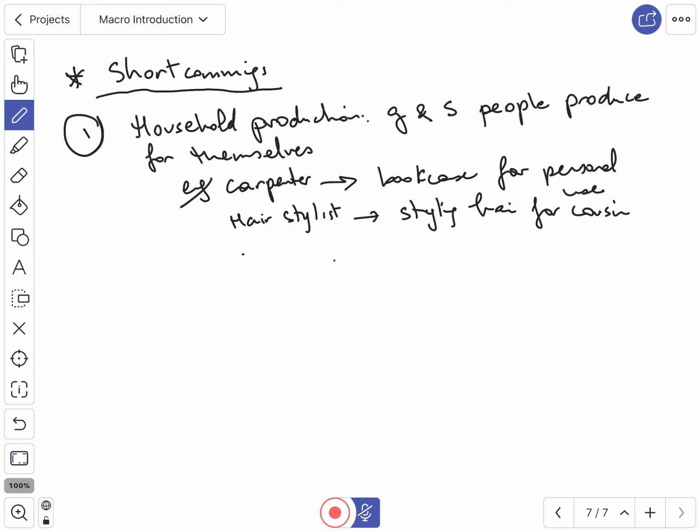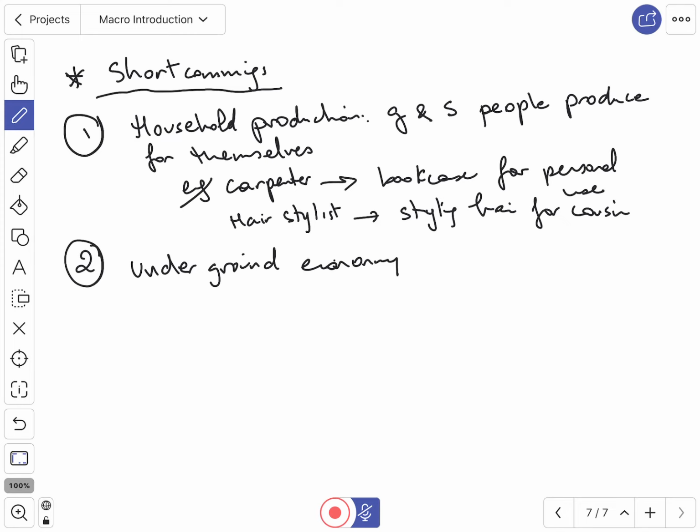There is also another important shortcoming, which is called the underground economy. The underground economy is the buying and selling of goods and services that is concealed from the government. It could be concealed either to avoid taxes or to avoid regulations, or because the goods and services are illegal, let's say drugs.